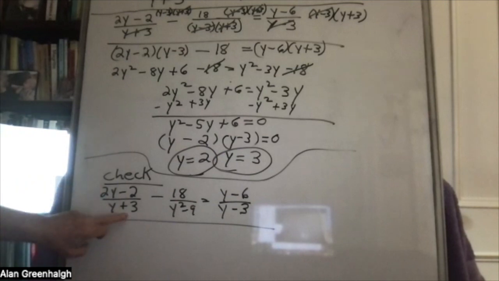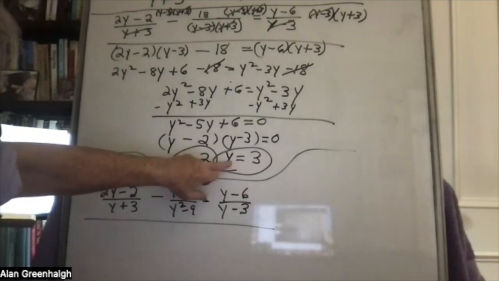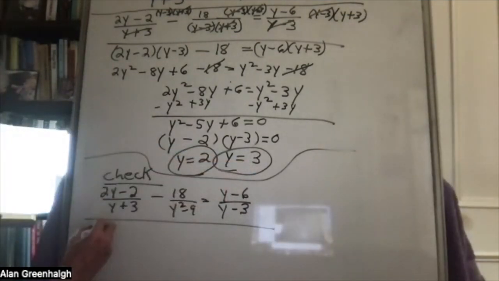We're concerned that the denominators are not going to be 0. That's the important thing. So let's not even focus on the numerators. So take the y equals 3 and substitute it here. It looks good.